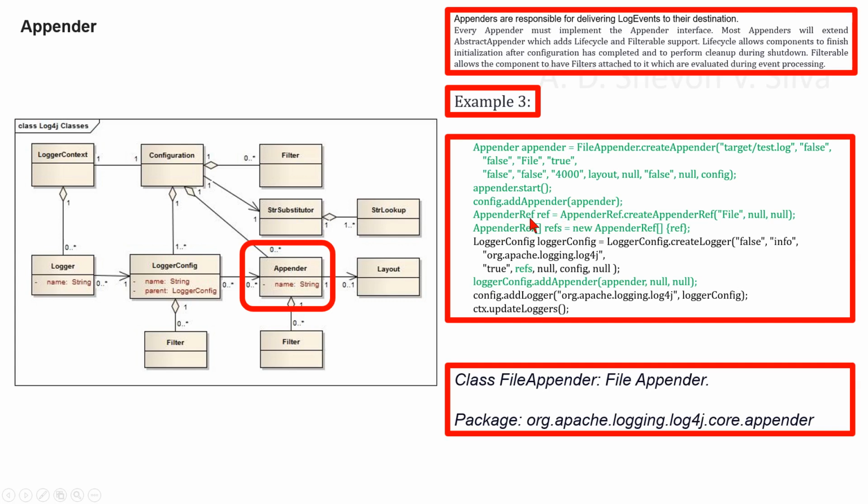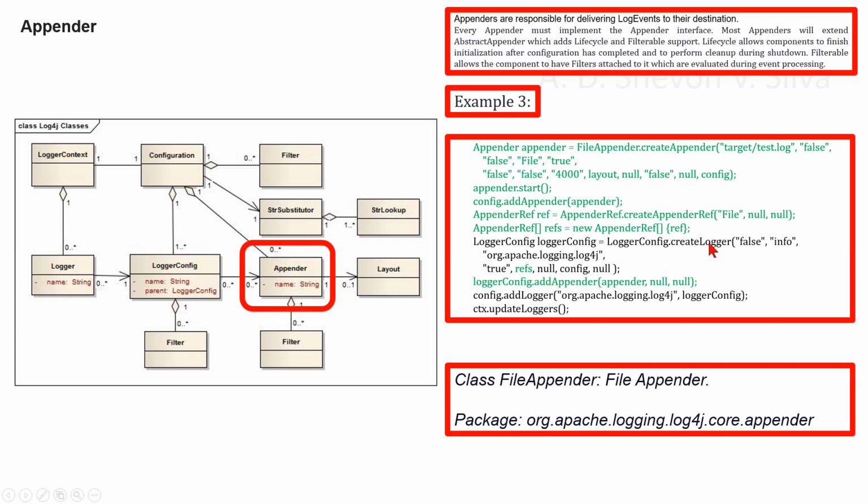Here this createAppenderRef will create an appender reference. This is ref, the name of the appender, and this is the level to filter against, and this is the filters to use. And this is LoggerConfig, the logger object that is created via configuration. And this is createLogger here.